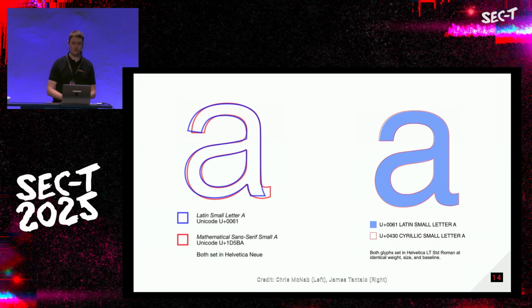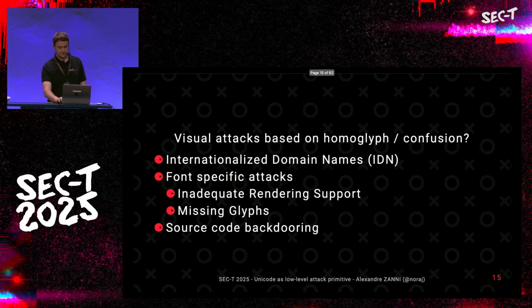As an example, on the left, in blue, you have a normal lowercase Latin letter A. And in red, nearly perfectly the same, but just a bit different, you get a mathematical symbol A that looks a lot like it, but it's not exactly like it.